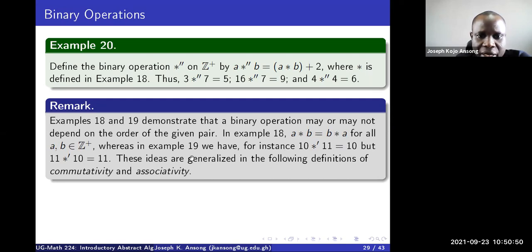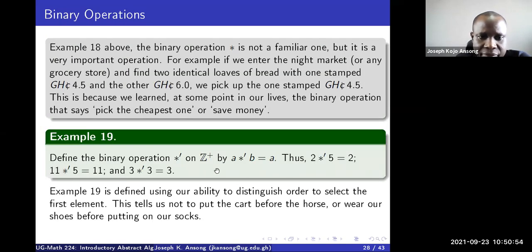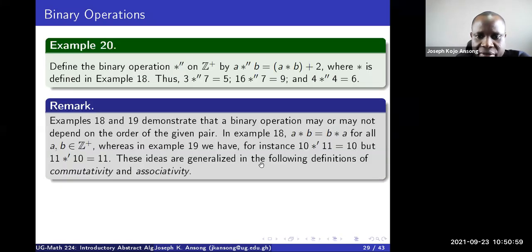So from example 19, where we pick the first one, you notice that if I do 10 star prime 11, I just pick the first one, I get 10. So 10 operation 11 gives you 10. If I do 11 operation 10, I get 11 because I'm just picking the first one.